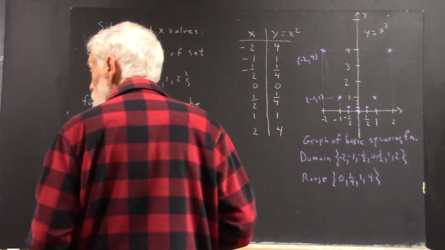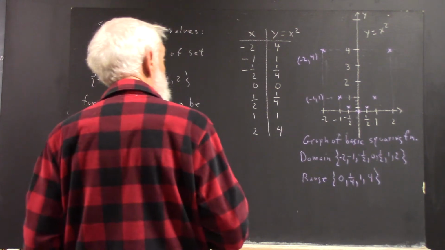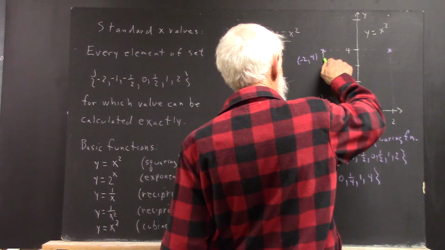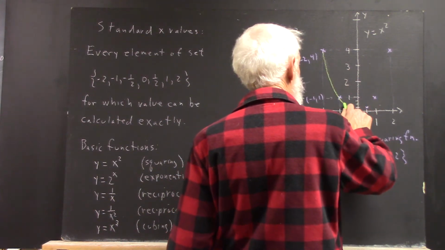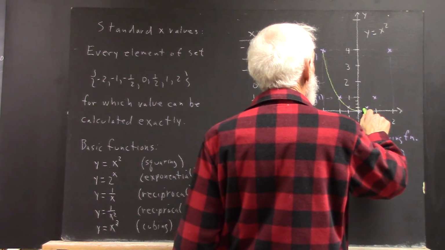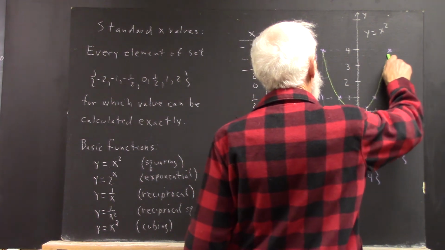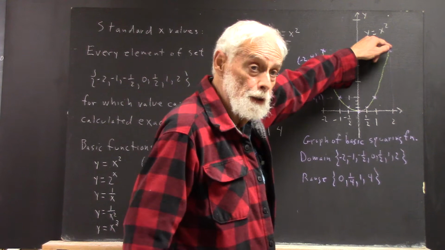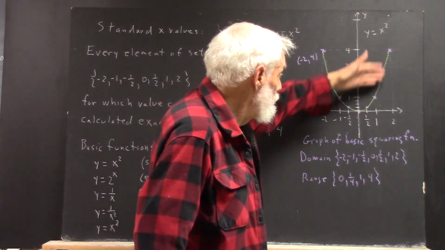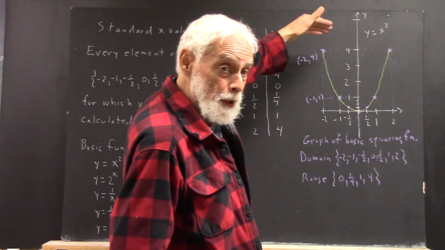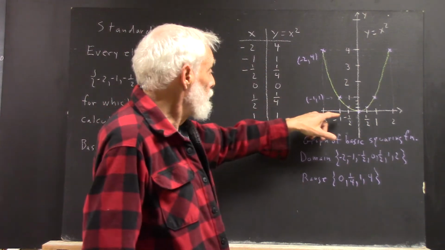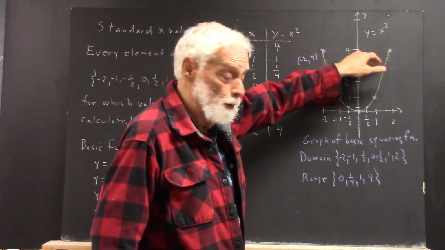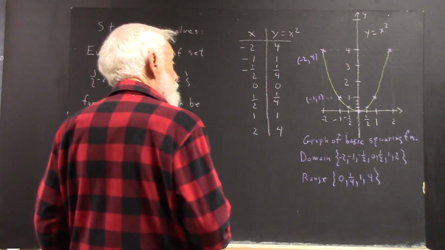The extended basic function is a function you get starting here, ending here, if you have the smooth curve that represents the squares of all numbers between -2 and 2 as y-coordinates. Okay?